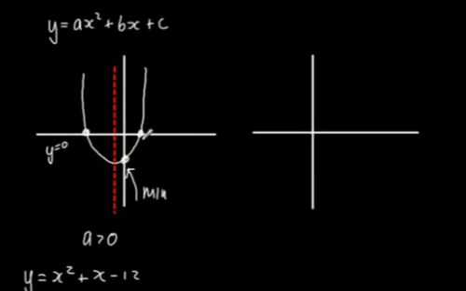So y is equal to 0 here, y is equal to 0 here, if it has real solutions. x is equal to 0 here. This is called the axis of symmetry.